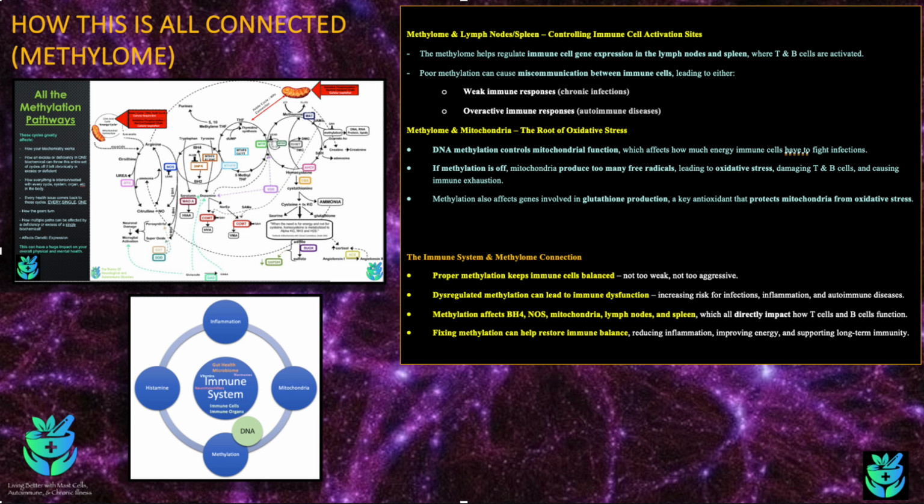So if you hear someone telling you that the MTHFRs and methylation are not important, go find another doctor. Or educate yourself so that you understand how this relationship is tied together. Because without one, the other doesn't work.